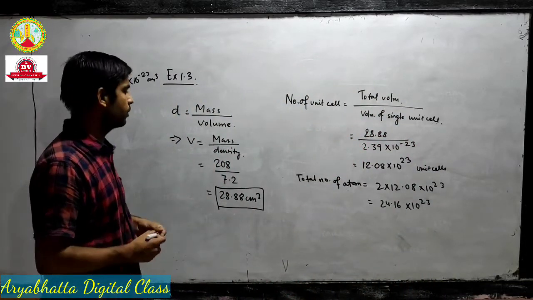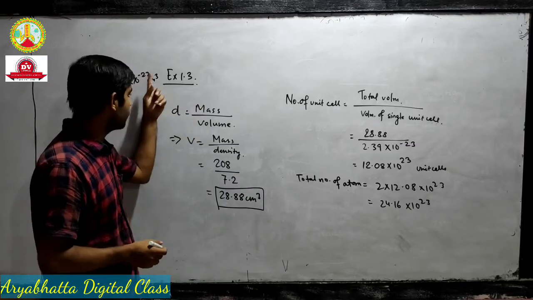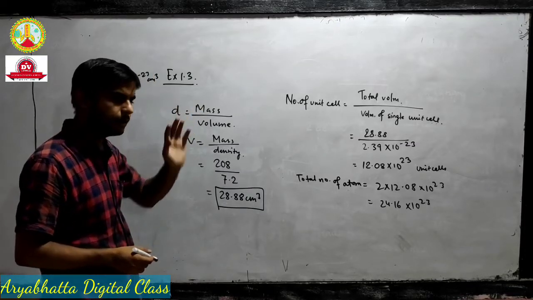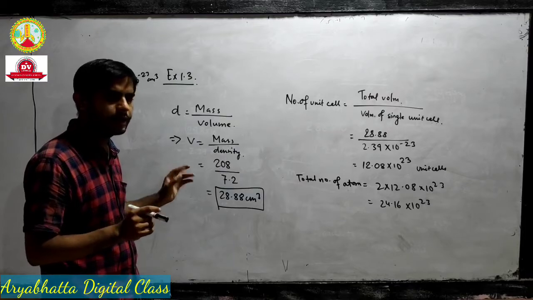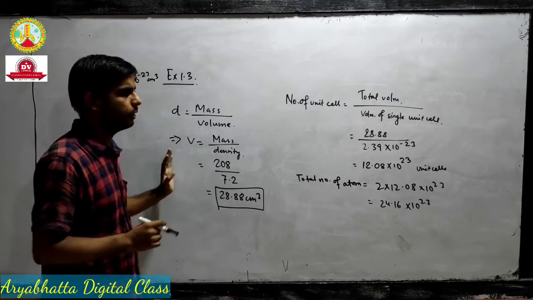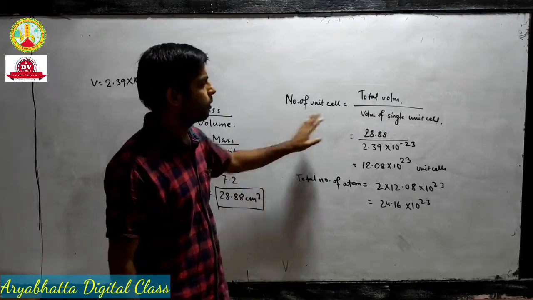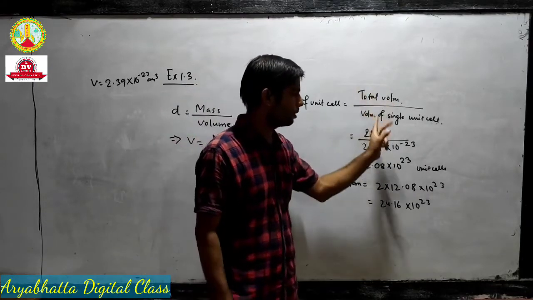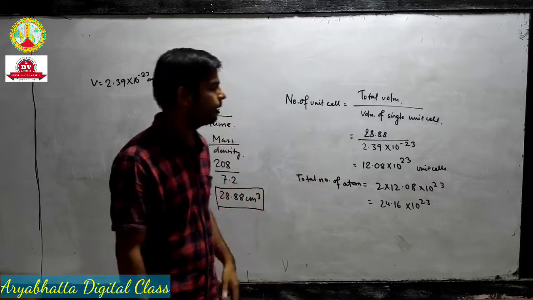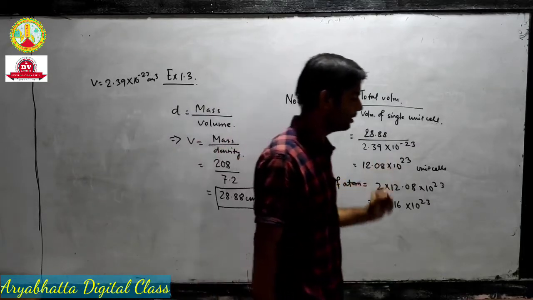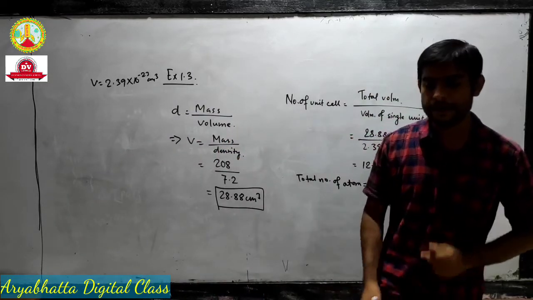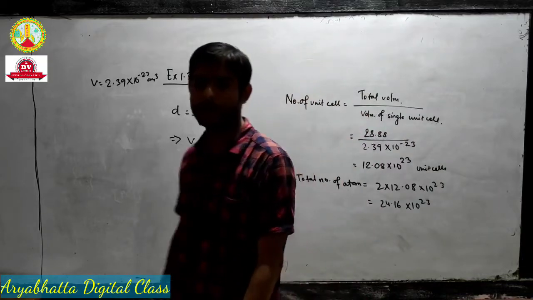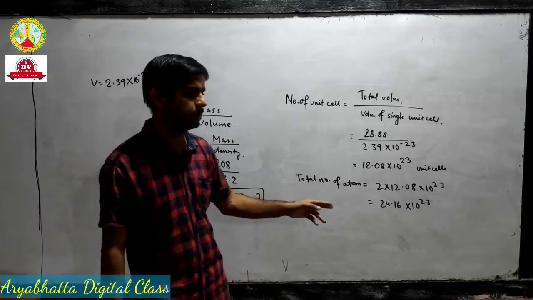So got it. We first calculated the volume of one unit cell. Then we calculated the total volume. And after that we calculated the number of unit cells that will be required to get that total volume, dividing by single unit cell. And once we got the number of unit cells, we can easily calculate the number of atoms.